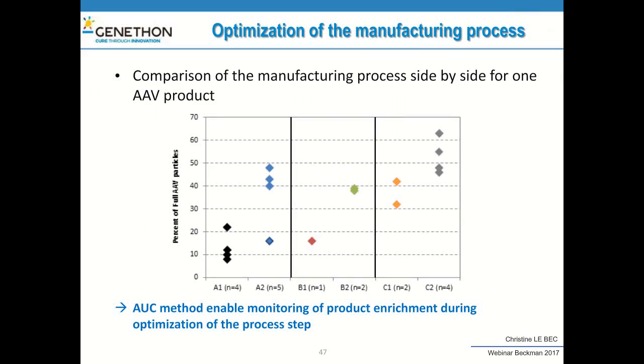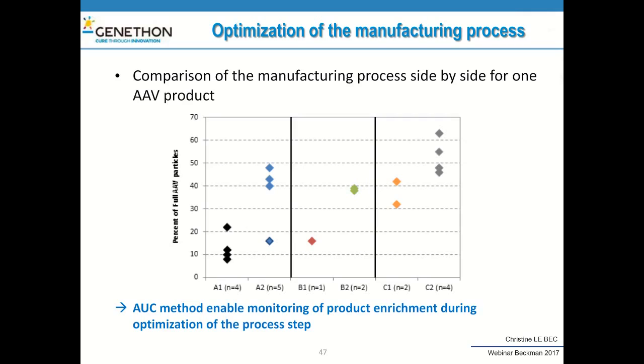And the last example is for optimization of the manufacturing process, when you want to compare one process to another by changing one step side by side. In our case, I can show you here that when we have one process, we have in black between 10 to 20% of full particles. You change only one parameter of your process and you can increase until 40 to 50%.